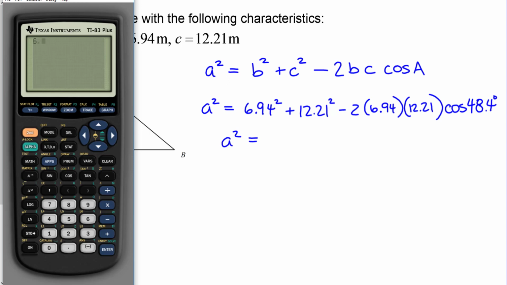All right, so it's 6.94 squared plus 12.21 squared minus 2 times 6.94 times 12.21 times the cosine of 48.4, and before I hit enter, I'm going to check my mode settings real quick and just verify that I'm in degree mode.